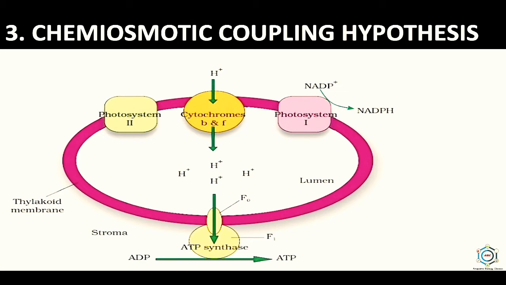The headpiece extends towards the matrix, whereas the stalk is embedded in the inner mitochondrial membrane and extends outwardly toward the space between the inner and outer membrane. The ATPase has been isolated in its pure form, which consists of two coupling factors, coupling factor 0 and coupling factor 1. The CF1 is located in the headpiece and the CF0 in the stalk.